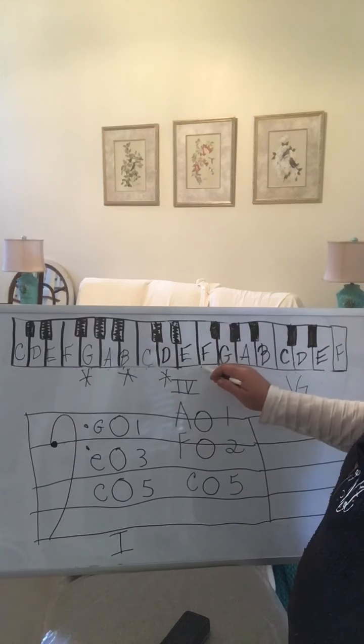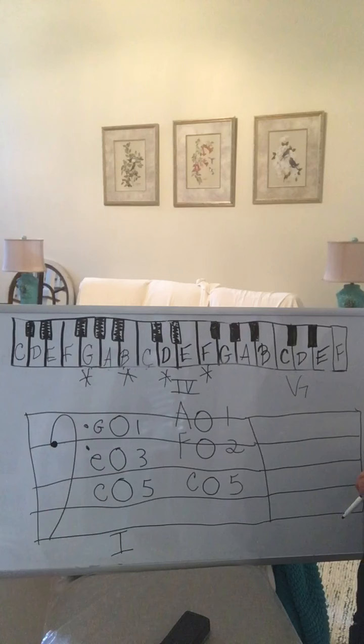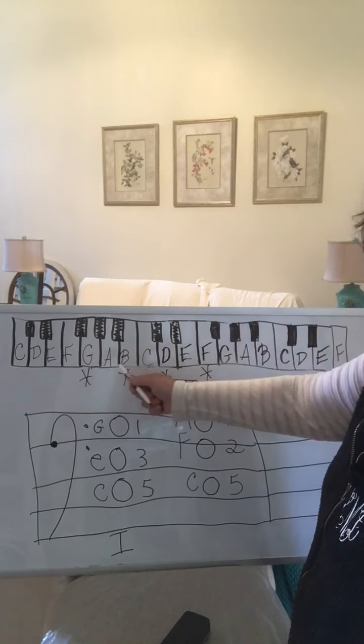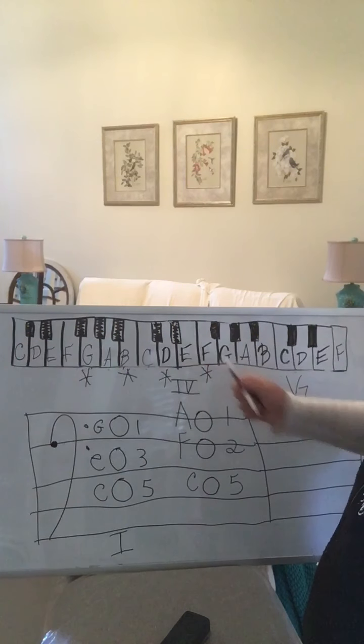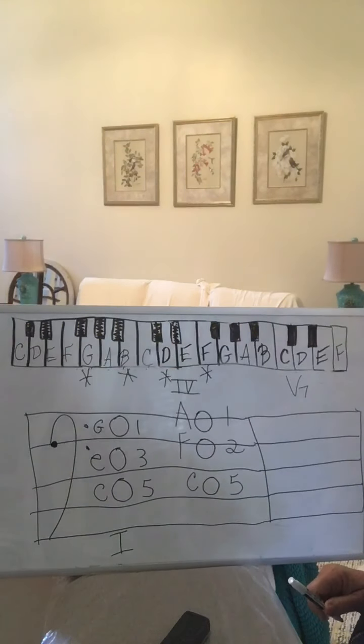There we go. It's our F. So you're counting up the 7th note of where you started, and we started on G.